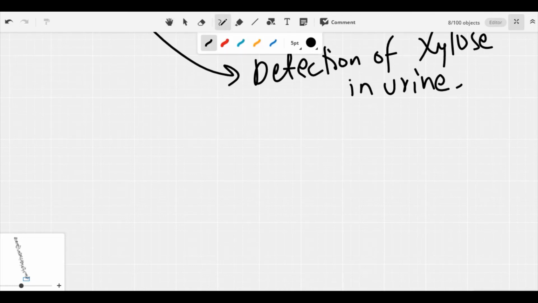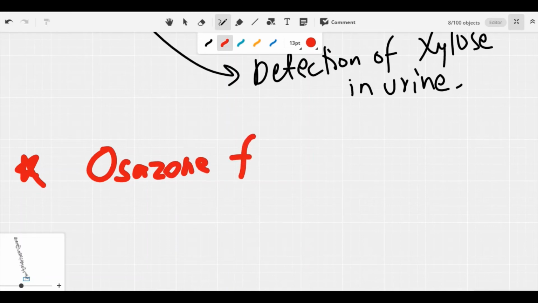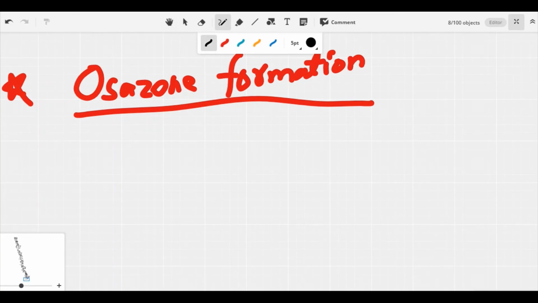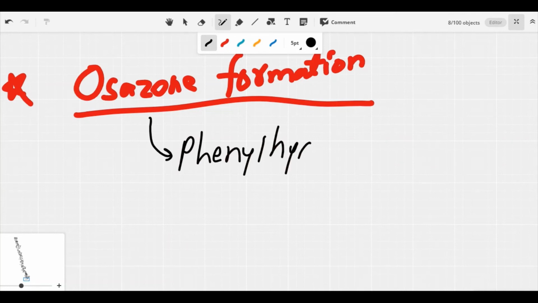Now the next property we are going to discuss is osazone formation. Here we can use phenylhydrazine in acetic acid, where acetic acid is the solvent.